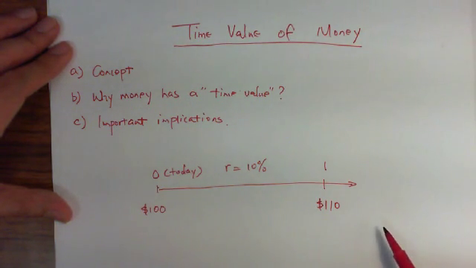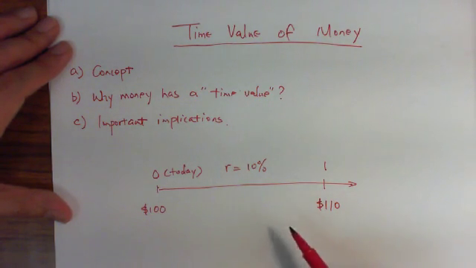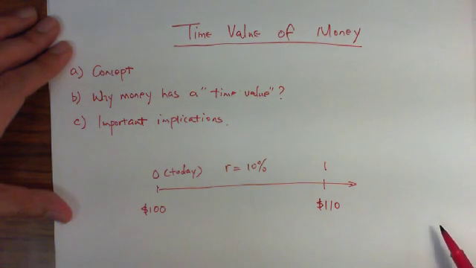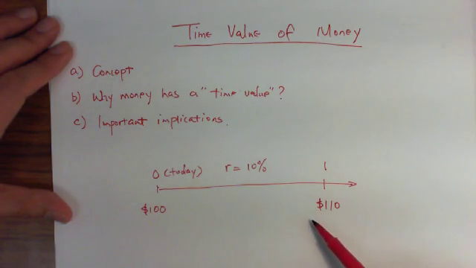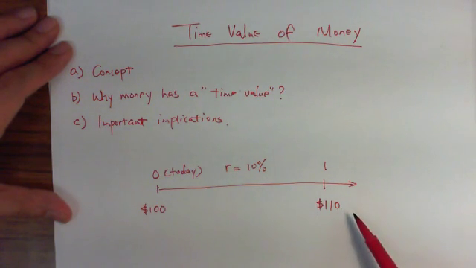The longer the owner is going to allow other people to use the money, the longer the owner has to postpone the consumption, the more sacrifice the owner will accept, the more money the owner requires to be paid in the future. So the amount of payment which comes out of this $100 is going to increase over time. So that is the time value of money.